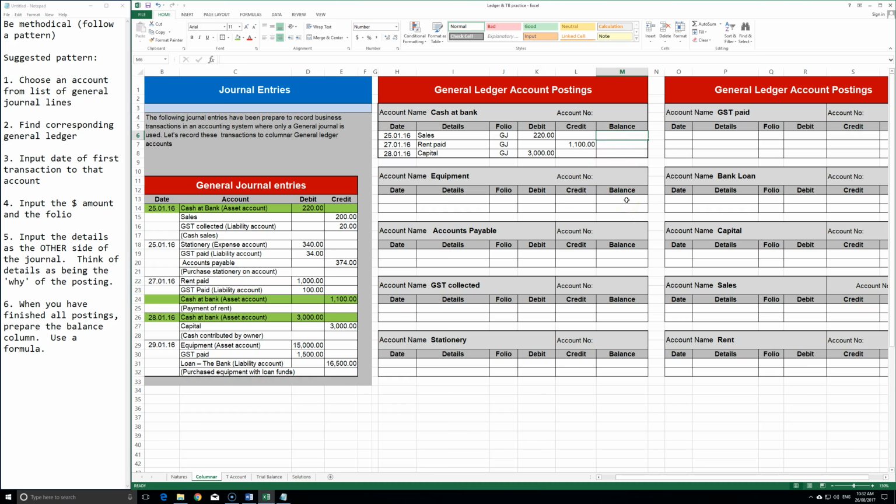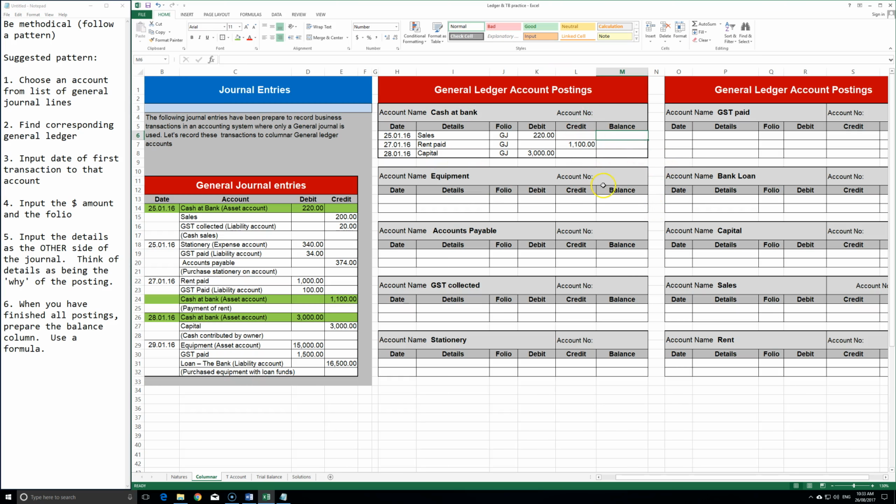Now, there's a few different ways to do this. You could, of course, use a calculator, or you could do something quite manual where you could say, okay, well, the balance here is 220. And then it gets reduced by 1,100, and then it increases by 3,000. And that's okay, but it's not the ideal formula. The ideal formula will be flexible enough that I can change this debit to a credit, and the balance will update correctly.